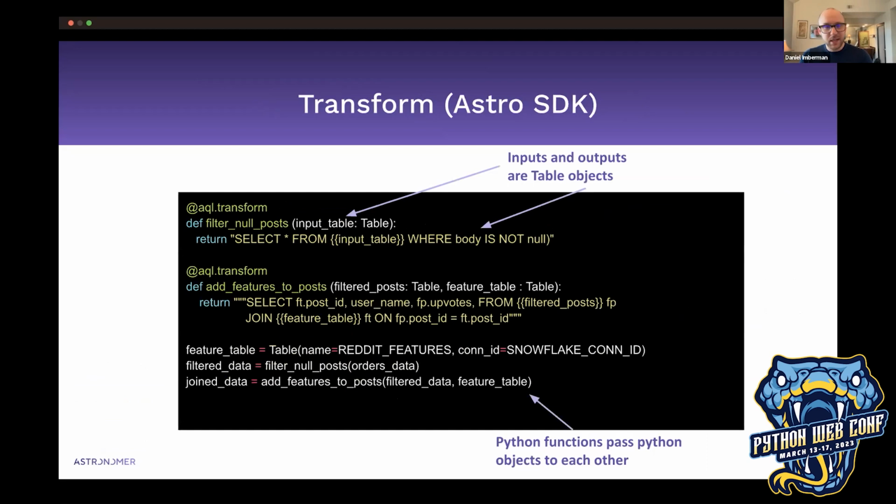By contrast, if you do AQL.transform, what you can essentially do is make each return value a select statement, and then use regular Pythonic functional composition to say, cool, here are these Python functions, here's how they interact with each other.